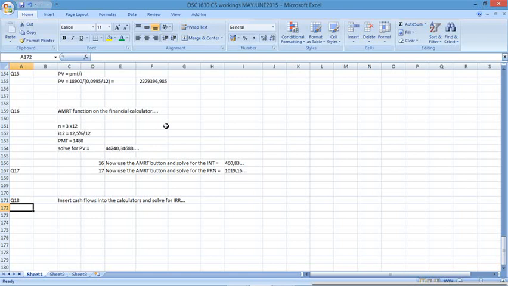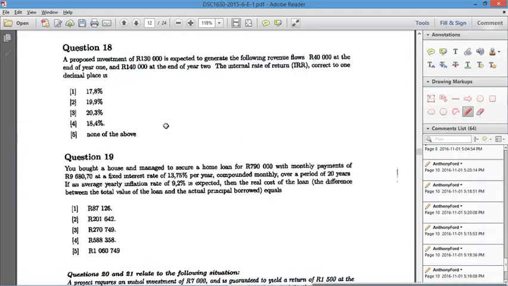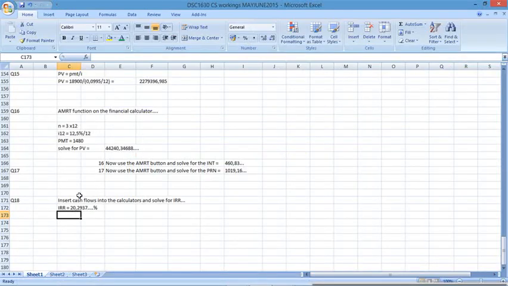Okay, and you should get an answer of, after a while. The calculator takes a bit of time to get the answer. Okay, 20.29%, option number 3.